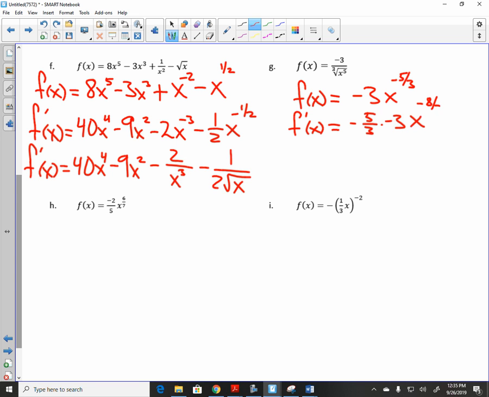Negative 8/3. What's negative 5/3 times negative 3? Positive 5. So I get 5x to the negative 8/3, or 5 over x to the 8/3.